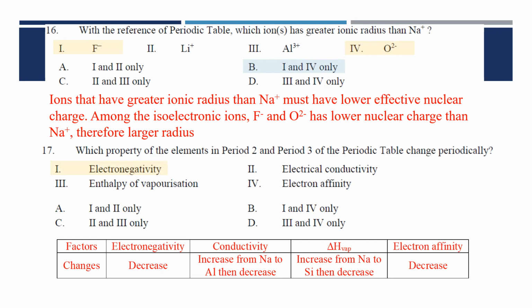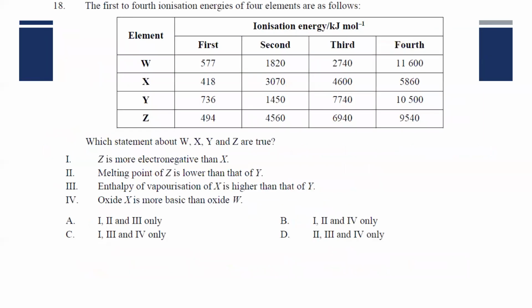In terms of enthalpy of vaporization, it is similar to that of the conductivity. So 2 and 3 are both wrong. Electronegativity, electron affinity, ionization energy, all of them decrease when going down the group. So the best answer here will be.